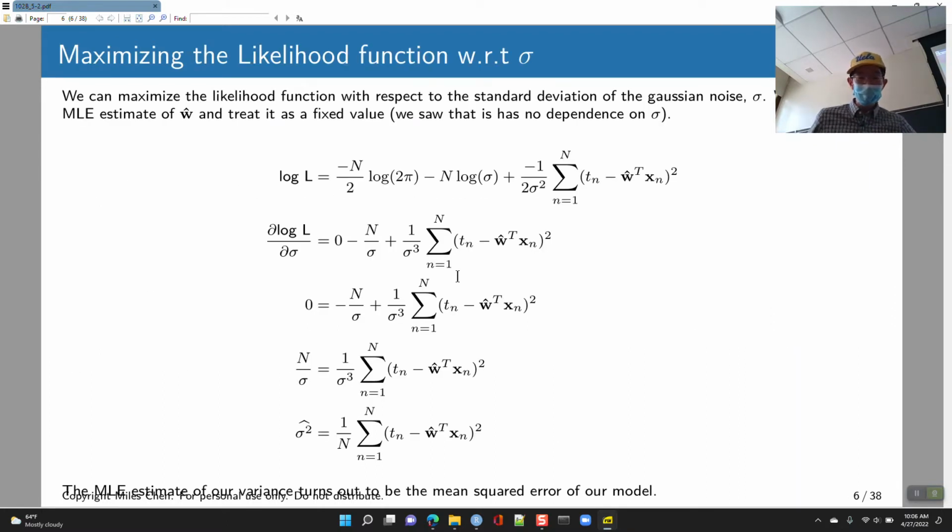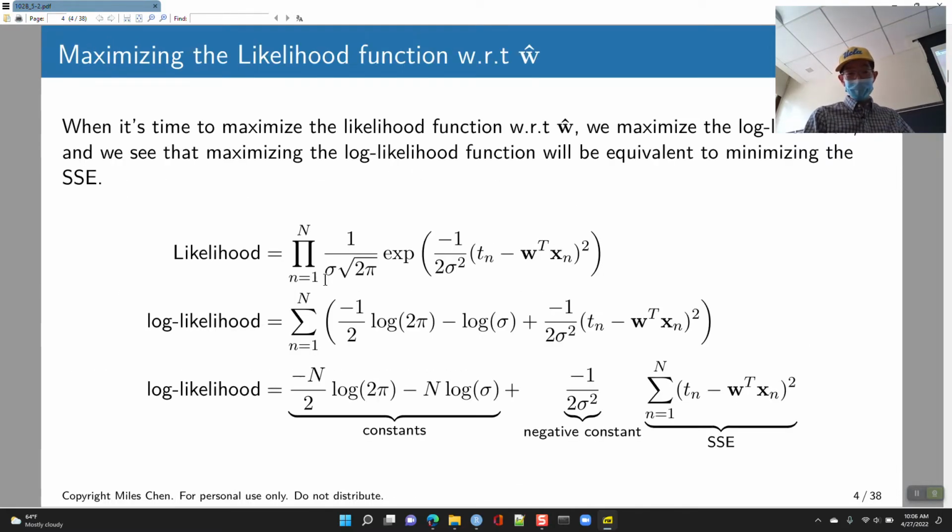That's what we'll take a look at on this slide. We're going to pick up at the same spot, this line right here. Here's the likelihood, here's the log likelihood.